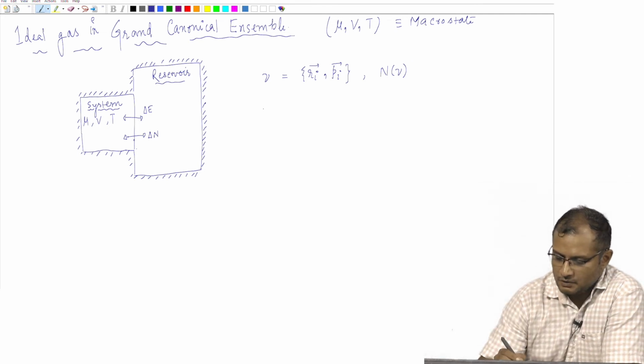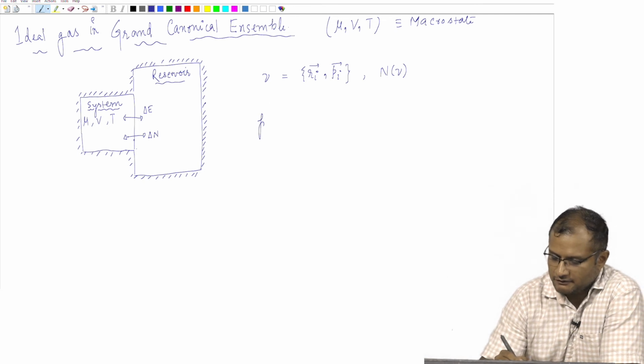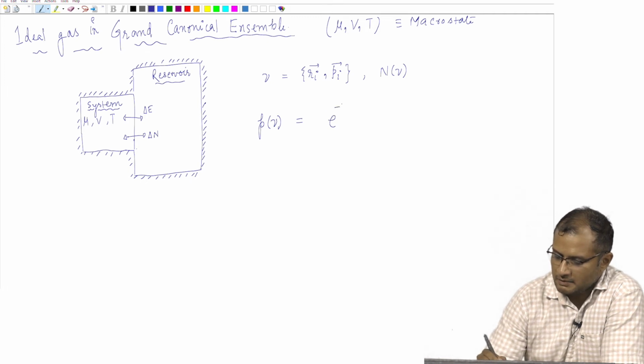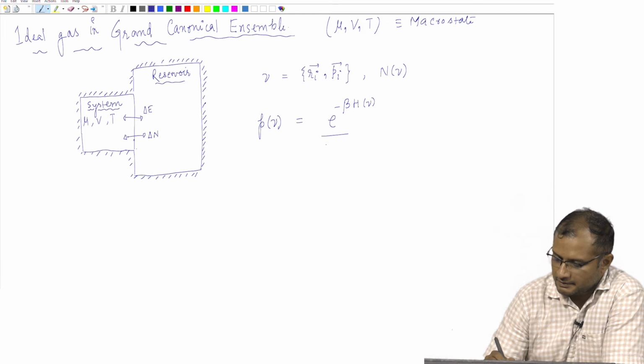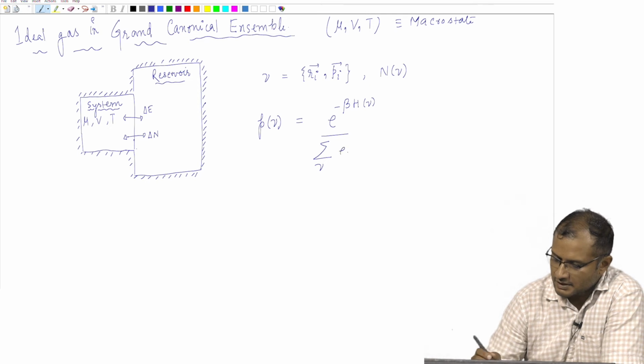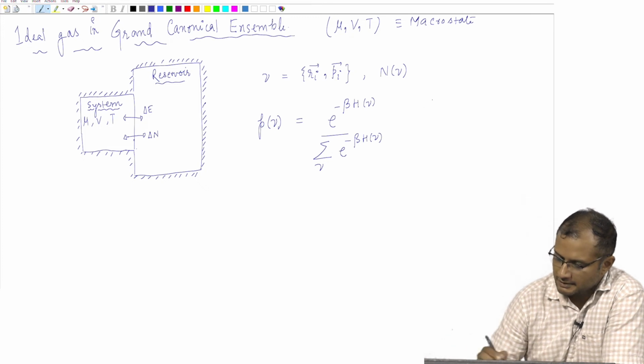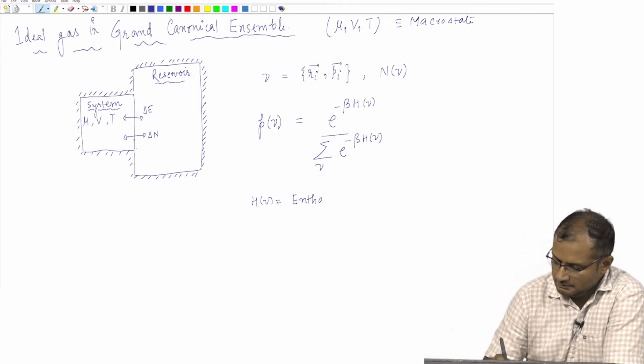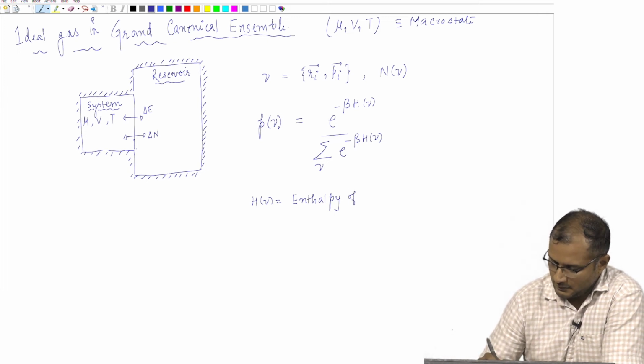If I want to identify the probability of finding my system in a microstate nu, then this is nothing but e to the minus beta times some energy scale, which is the enthalpy scale, divided by the sum over all the microstates of e to the power minus beta H_nu, where H_nu is the enthalpy of the microstate.